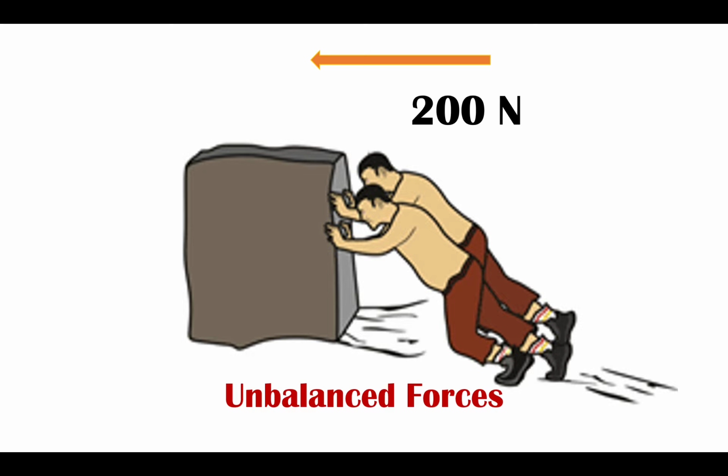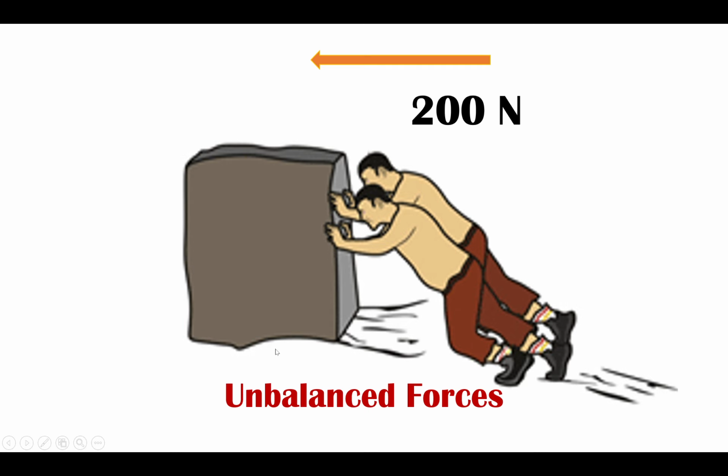Ma'am, why is there an unbalanced force here? Now, remember, darlings, on this side they applied 200 newton force. On the other side, although there's no one pushing in there, there's also a force which is called friction, right?